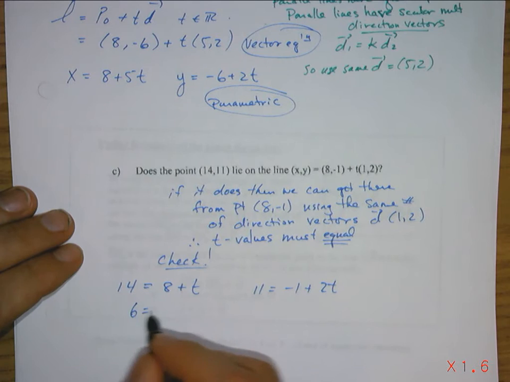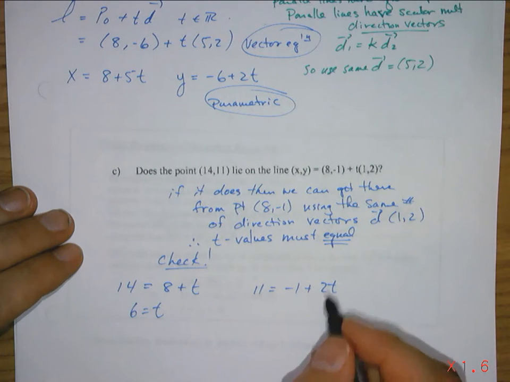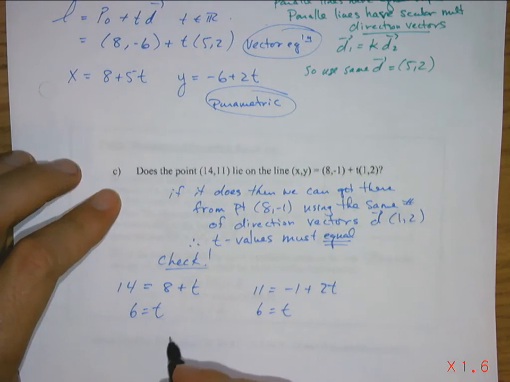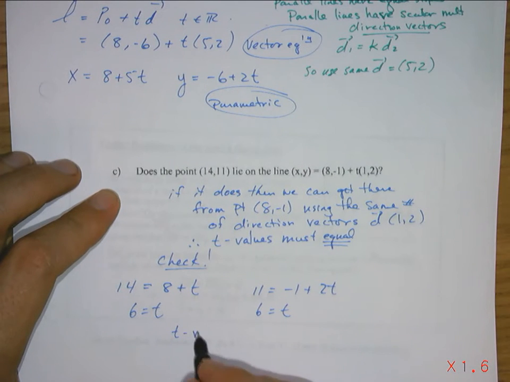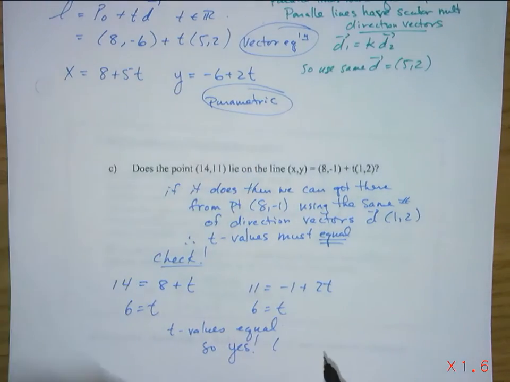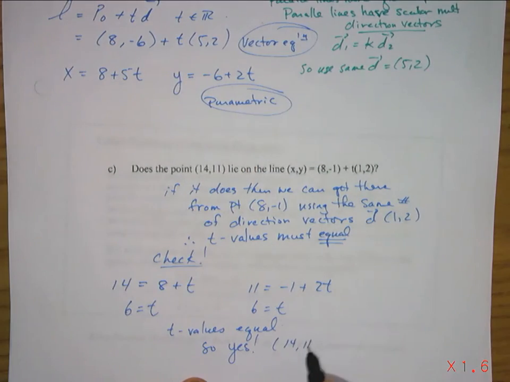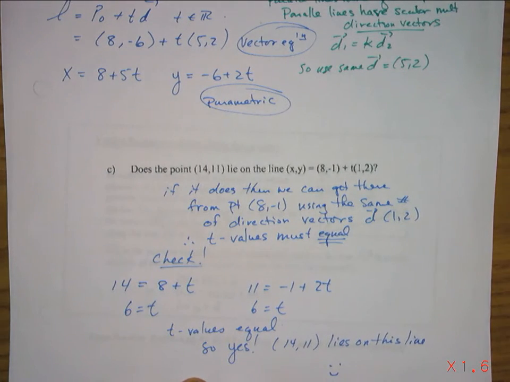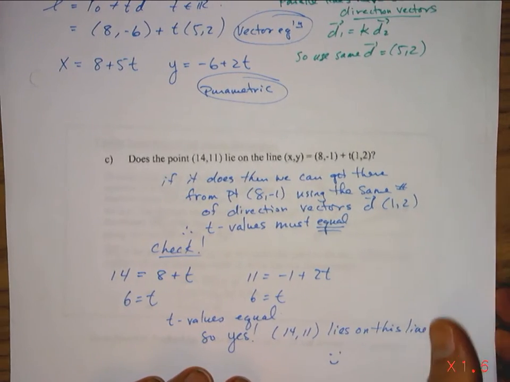Is that right? And the 1 comes over, it's going to be 12 divided by 2, it's going to be 6. Hey! T values equal. So yes. (14, 11) lies on this line. Yay. Happy faces extra.